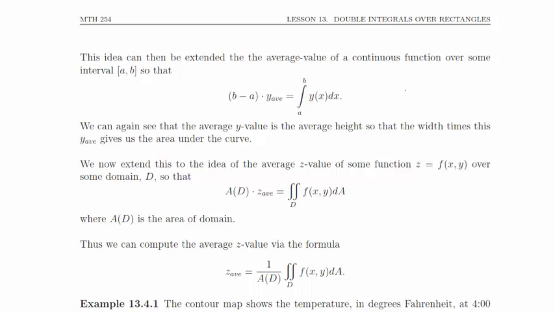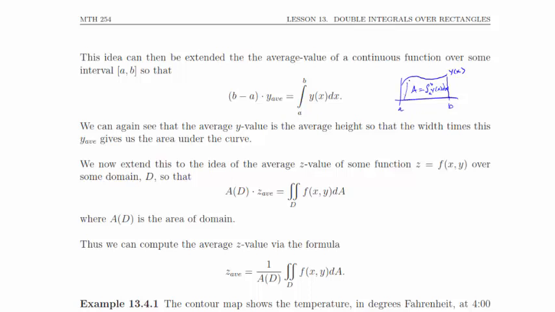That is the total area under the curve, right? This area equals the integral from a to b of y of x dx, where y of x is this line here.